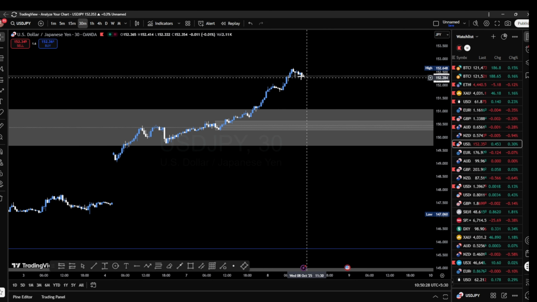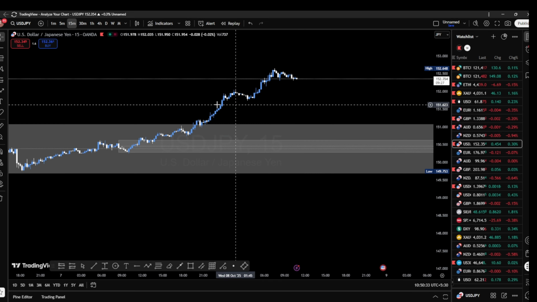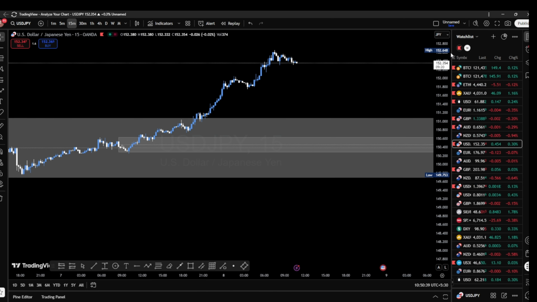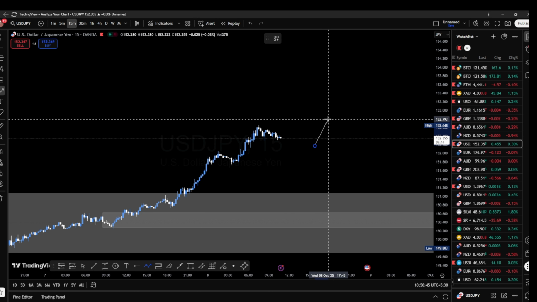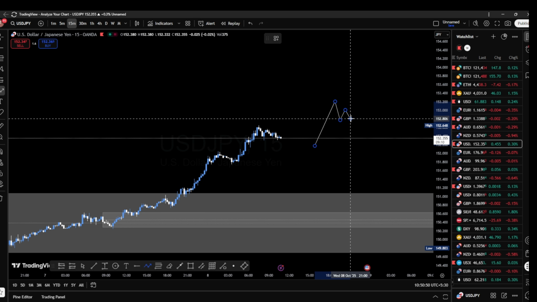And if you want to go downside for a scalp, you have to wait. You have to wait for some retracement, a liquidity sweep, a demand zone. Let me show you, if this type of turn happens here.